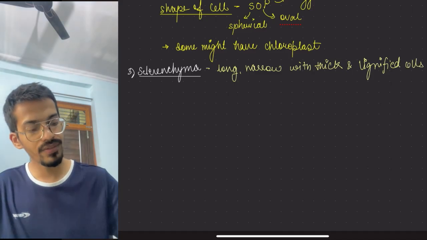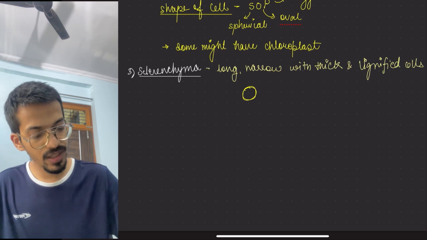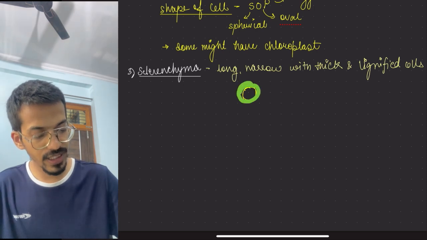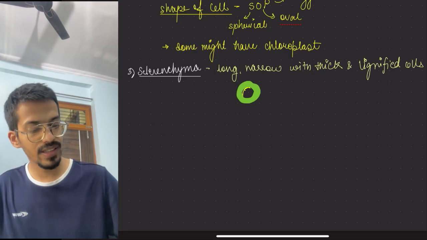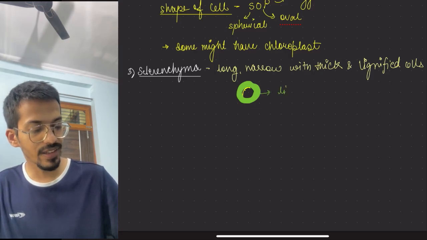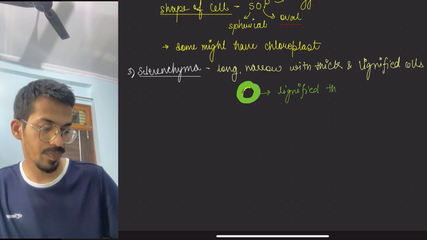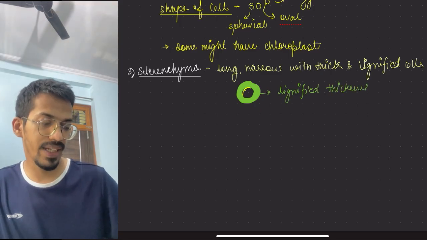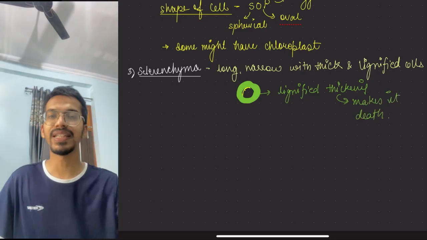It means whatever the cell of it is, it will have a thickening present around itself. See this, how big the thickening is. So this is considered lignified thickening, which makes the cell dead, devoid of any material, food and water.